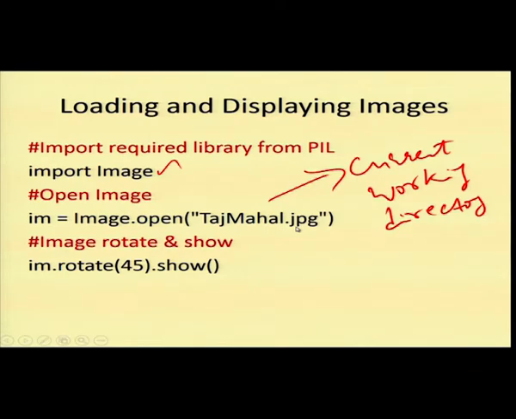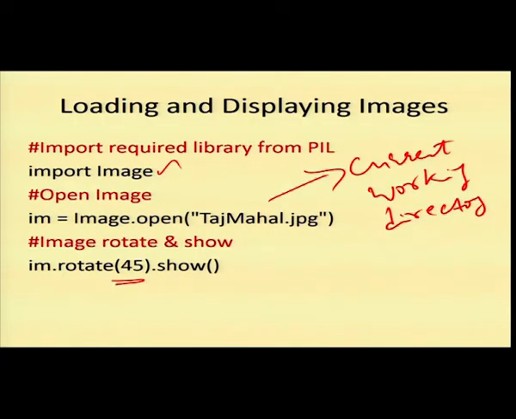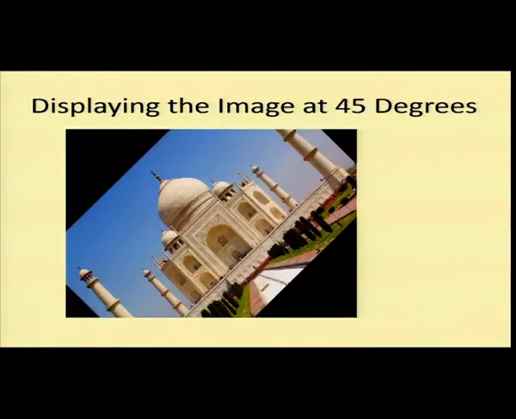I am trying to rotate the Taj Mahal image by 45 degrees and show the output. So, im.rotate(45).show(). If I write this, I get an image output at 45 degrees.